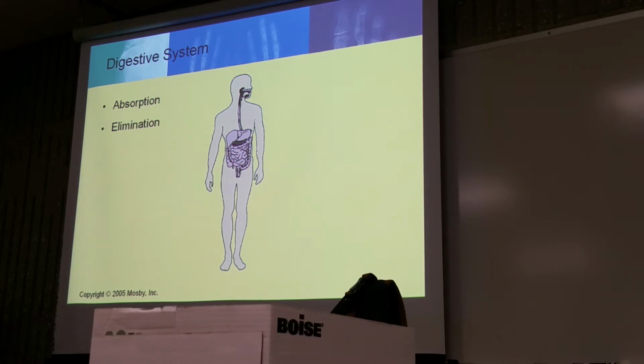Now, when we're taking x-rays of different anatomical structures that don't have the same density as bone, we need to introduce some sort of contrast agent, okay? When we get into the digestive system, we're talking about the ingestion of contrast agents or introduction of contrast agents vascularly to different anatomical structures, because when you do that, it gives them the same type of density as bone. Okay, so we'll talk about that later on.